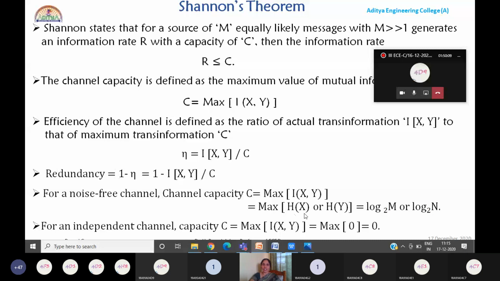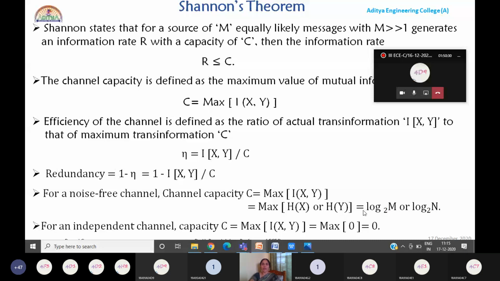From the sixth property of entropy, the maximum value of entropy occurs at P is equal to 1 by m for the transmitter section, or probability equal to 1 by n for the receiver section. This is for m equally likely messages for the transmitter or n equally likely messages for the receiver.